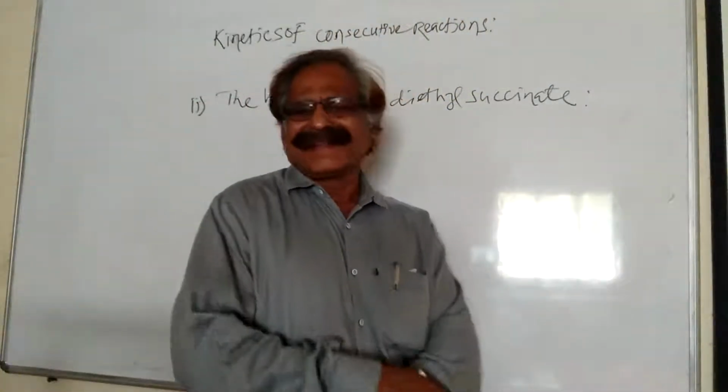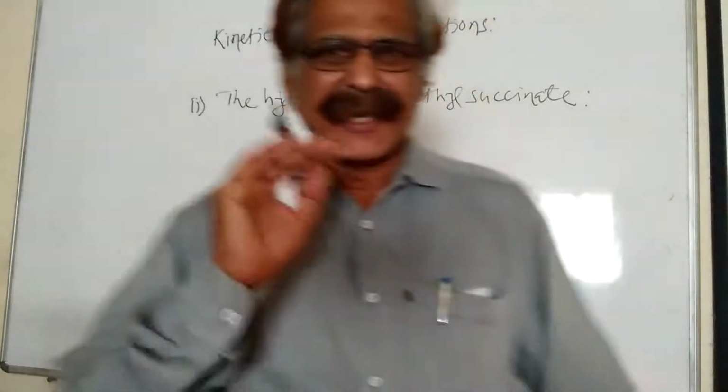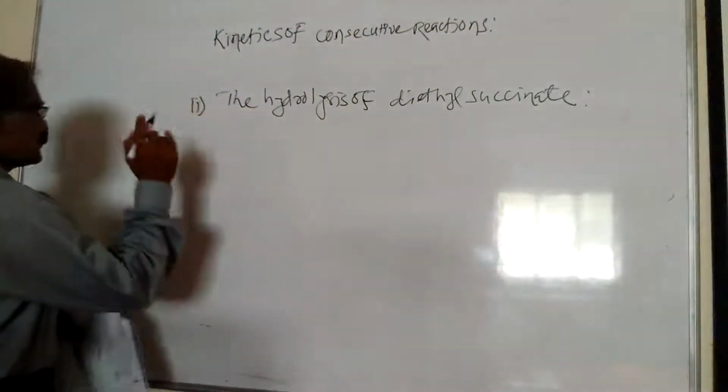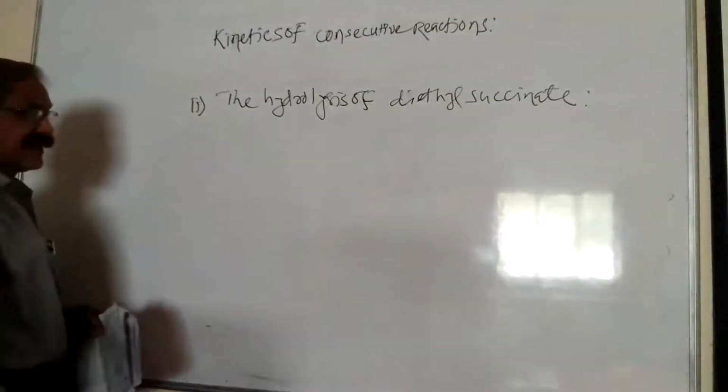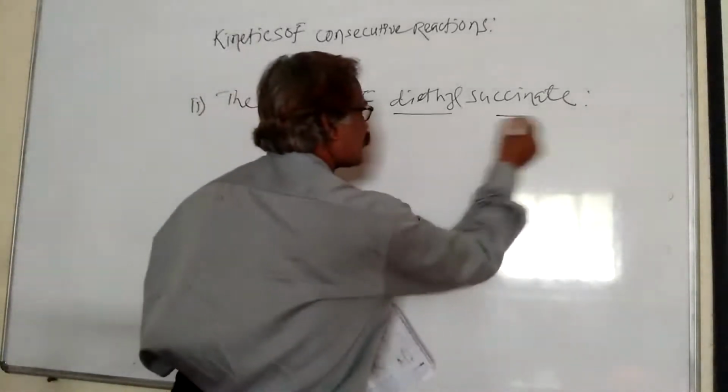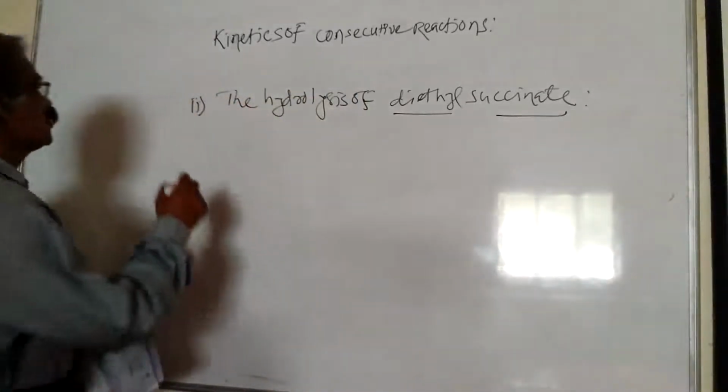The hydrolysis of diethyl succinate occurs in two steps. Let us see how the hydrolysis of diethyl succinate occurs in two steps.